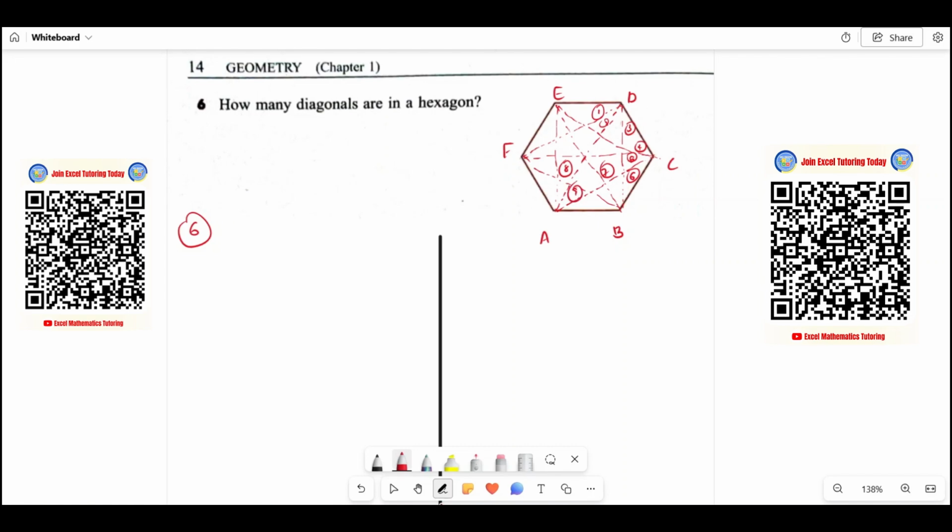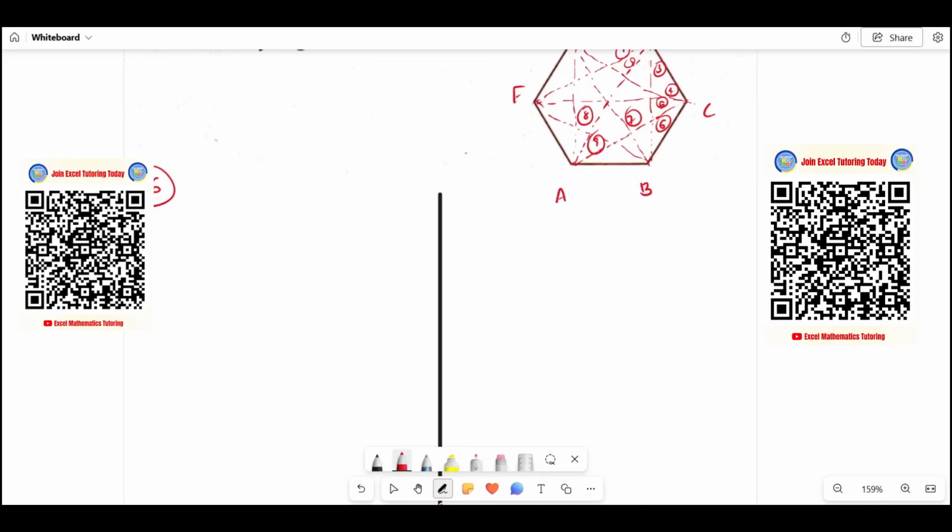So for a hexagon, 9 diagonals are possible.